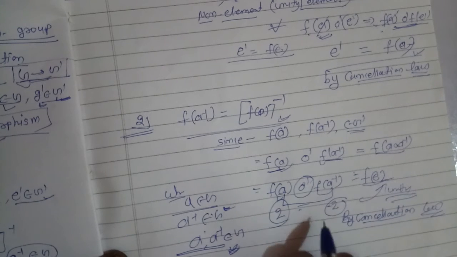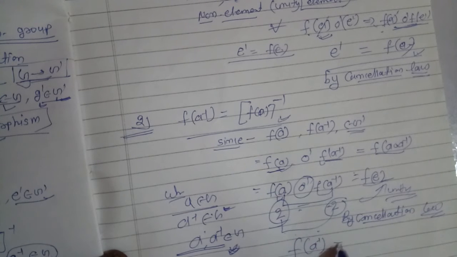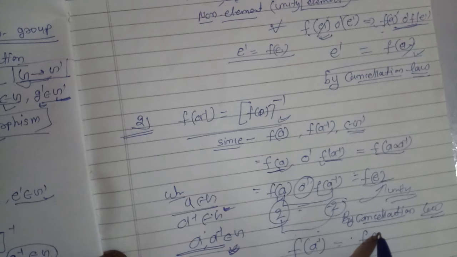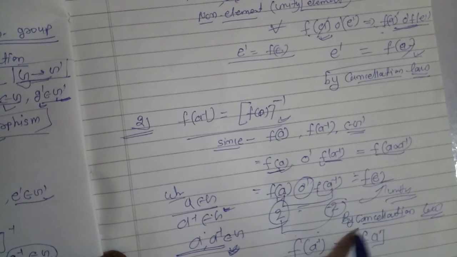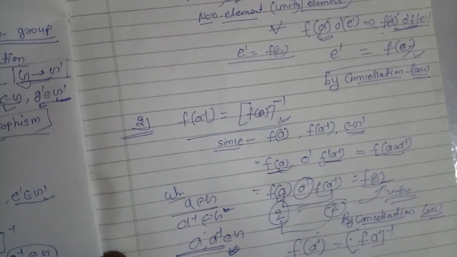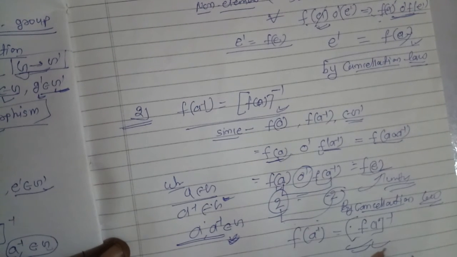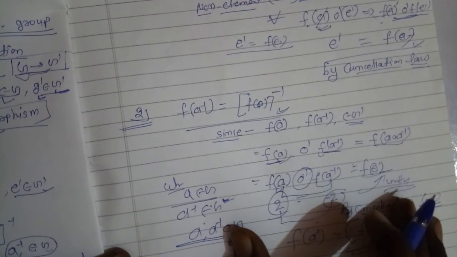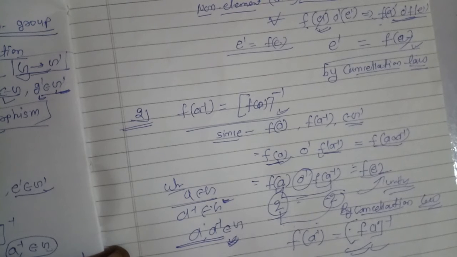Okay, let's see next. F A inverse is equal to F A inverse. Okay students, this is the proof of our second property of group homomorphism.